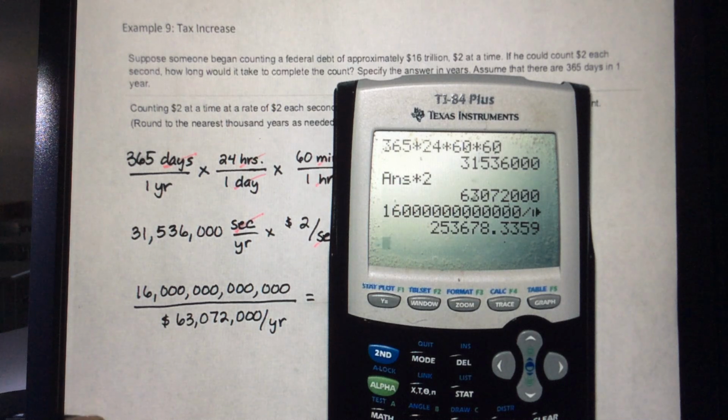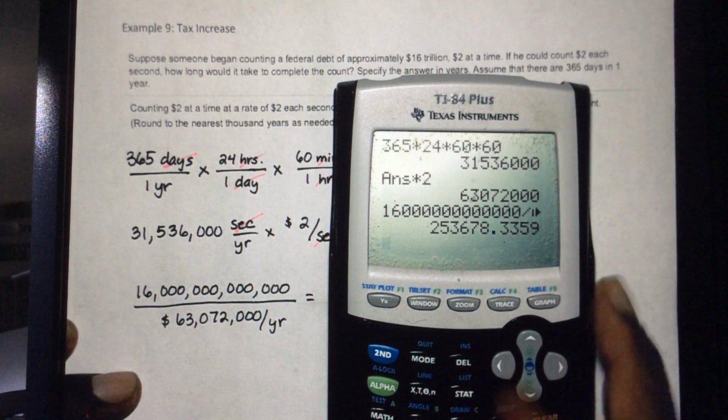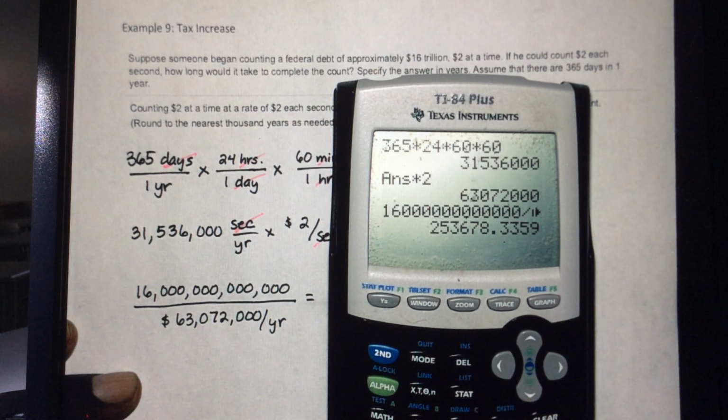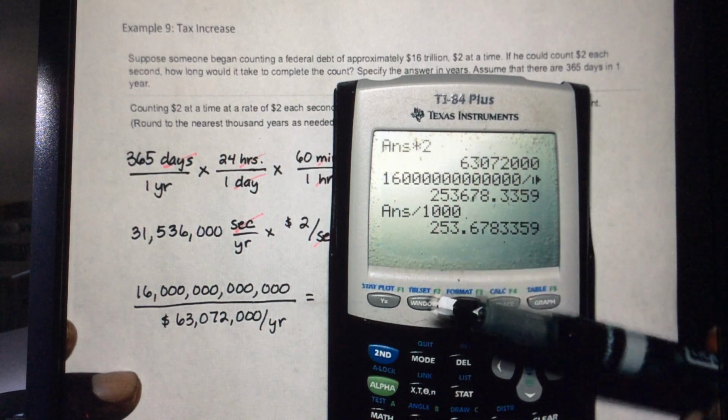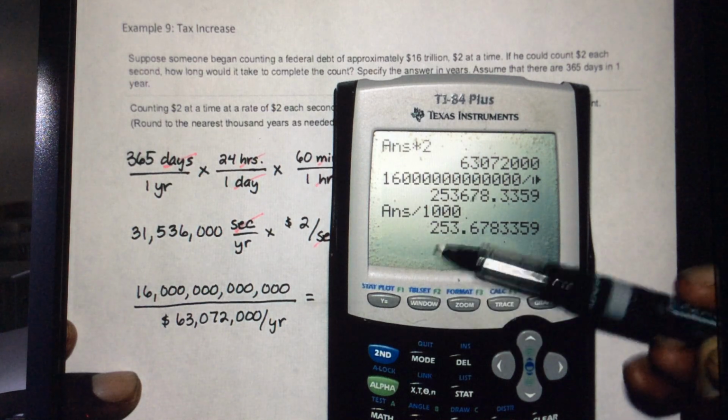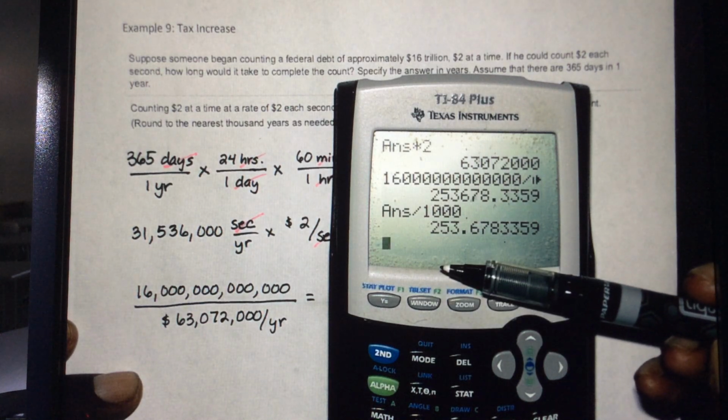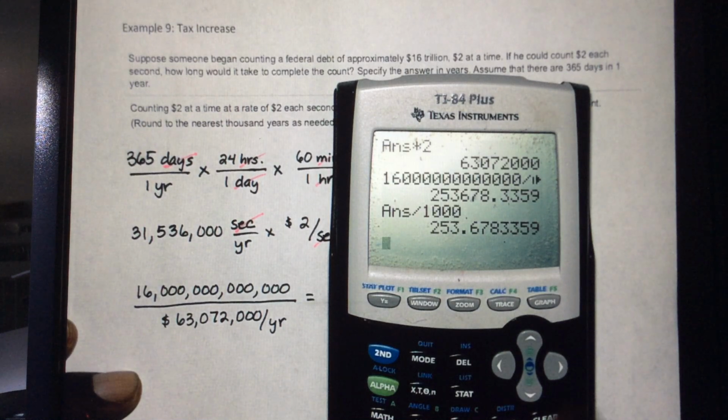Now, if we round that out to the nearest thousands of years, let's see, divide that by 1,000. I'm sorry, we don't need that.